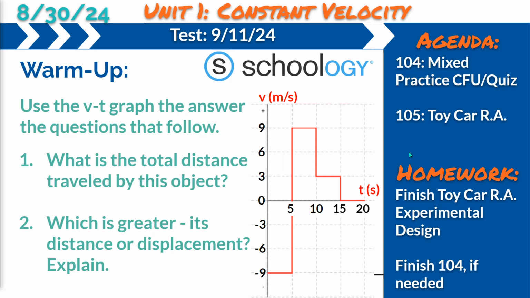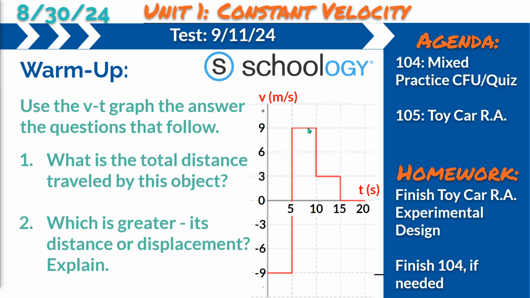And so if you look, you're going to be first looking at the area of this rectangle down here. When you travel -9 meters per second for 5 seconds, you're going to go 45 meters. You're going to go backwards 45 meters, but if I'm looking at distance, I don't care that it's backwards. It's 45 meters. That's the area of this rectangle. Okay, and then you're going to go 9 meters per second in the other direction, so forward for 5 more seconds.